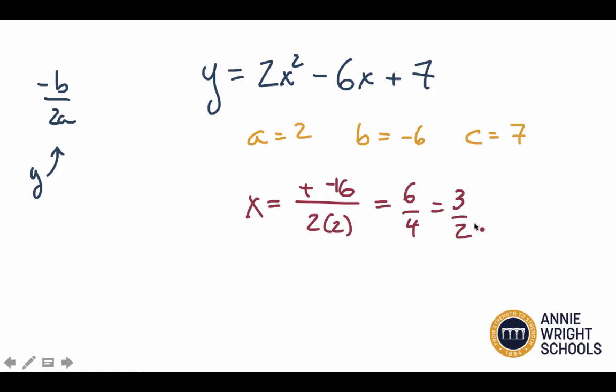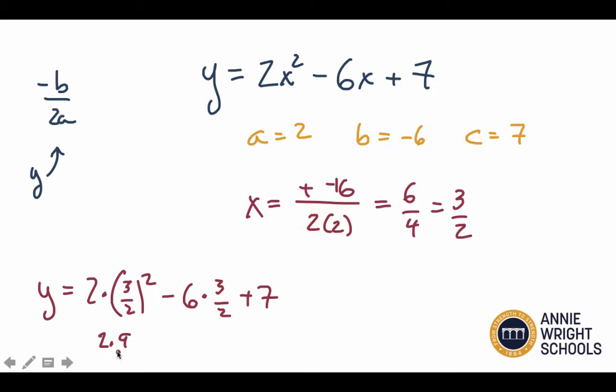Now you plug that 3 over 2 in for x, and you get y equals 2 times 3 over 2 squared minus 6 times 3 over 2 plus 7. Then you just do a little arithmetic. This is 2 times 9 fourths minus 6, or how about minus 9, because this cancels out and I'm left with a 3 plus 7.